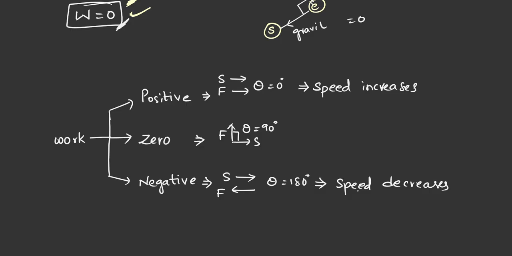A work is said to be negative by a force if the speed of the body decreases due to that work. And what is the consequence of zero work? It neither increases the speed nor decreases the speed. Speed remains the same. But just direction changes.